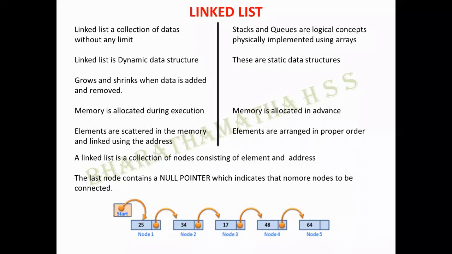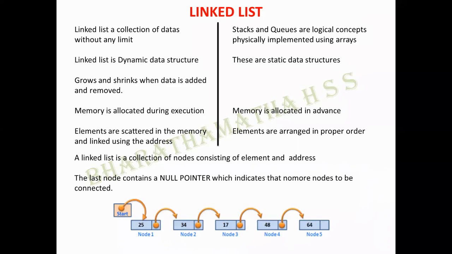Memory allocation in a linked list is at execution time. In stacks and queues, memory is allocated in advance, because the number of elements is prefixed; the maximum number of elements is estimated in the beginning itself.